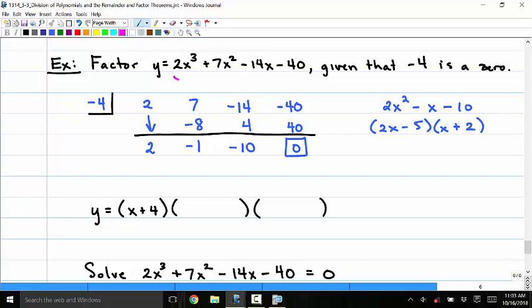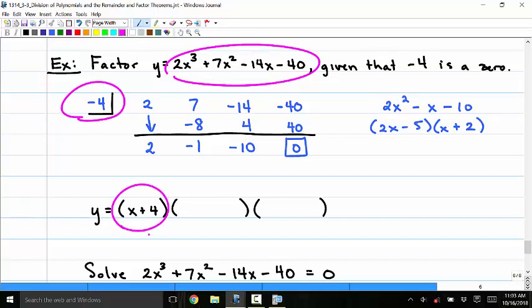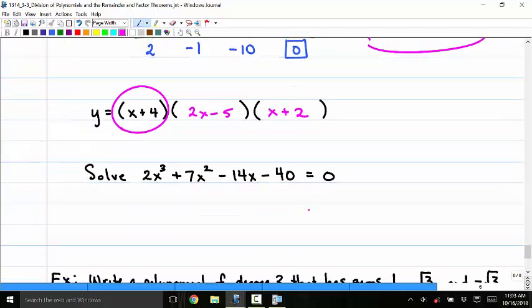If I want to factor this polynomial using this 0, I get x plus 4 as a factor, and then I have these other 2 factors, 2x minus 5 and x plus 2. Continuing on with the problem, if I wanted to solve by setting that initial polynomial equal to 0, we just factored it to x plus 4 times 2x minus 5 times x plus 2.